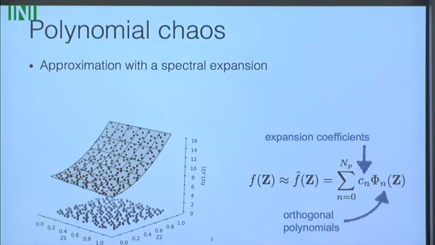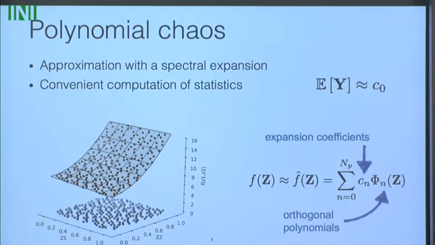If you look at the polynomial chaos expansion, then you construct spectral expansions in your parameter space, where you have expansion coefficients of orthogonal polynomials.